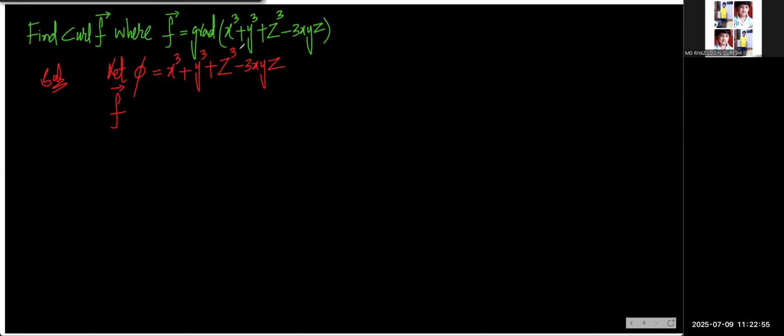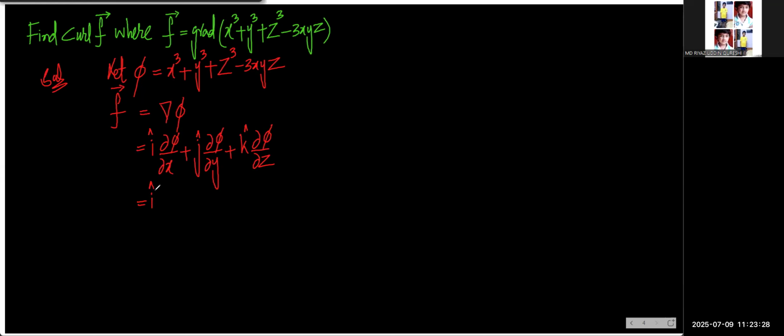If this is taken as phi, it becomes grad phi, which is del phi. The meaning of this one is i cap dou by dou x of phi, plus j cap dou by dou y of phi, plus k cap dou by dou z of phi.